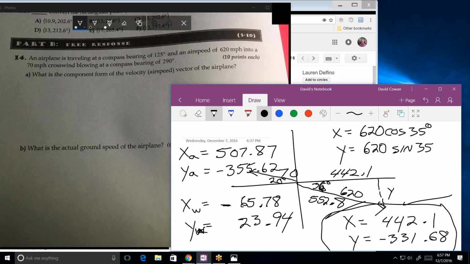Its vertical component would be minus 331.68. So when you find the resultant based on the components, you're just doing it in reverse. And the first thing you want to find is that angle, and that angle is the inverse tangent of the y component divided by the x component.